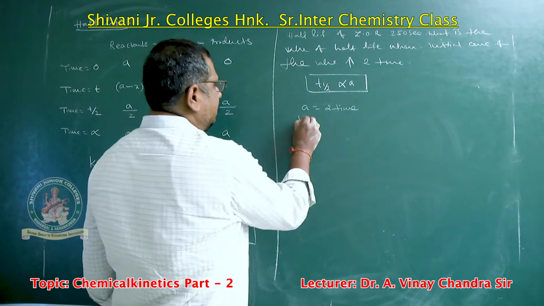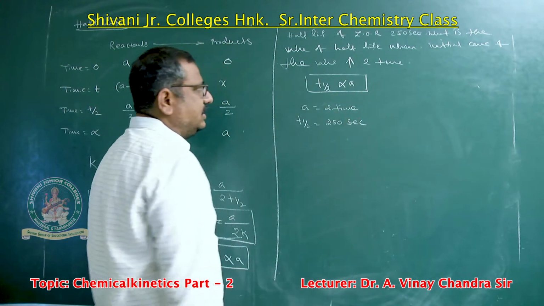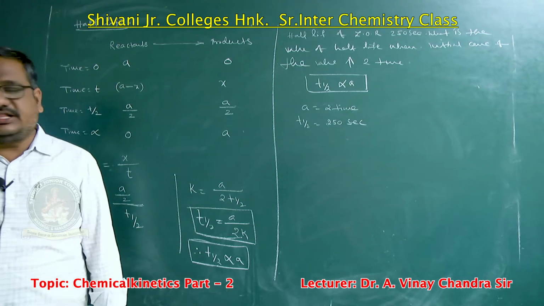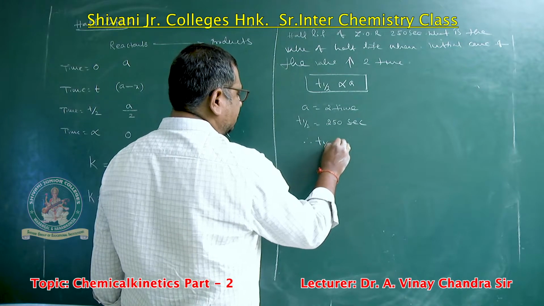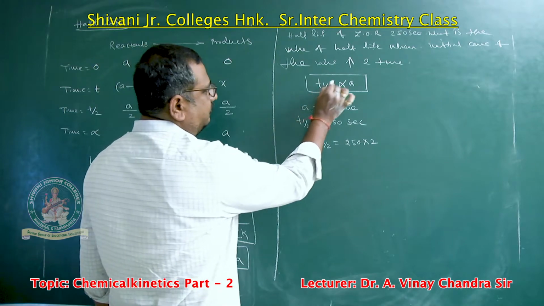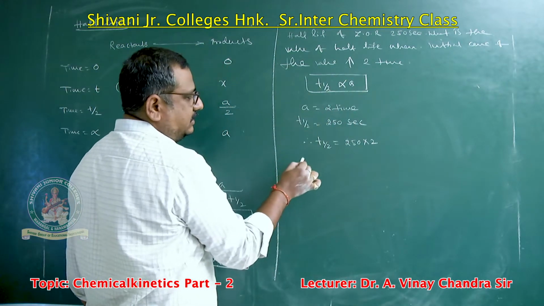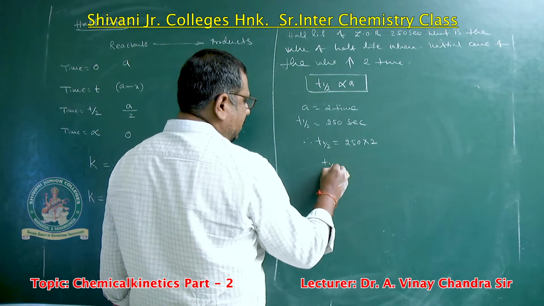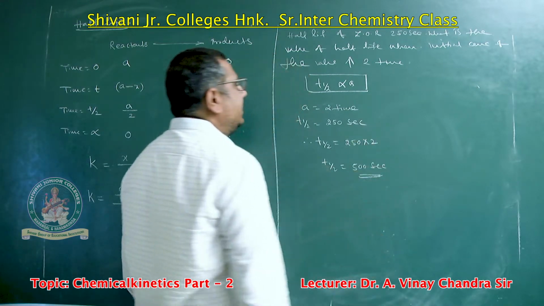T half is 250 seconds, as given in the problem. Therefore, T half is equal to 250 into 2. Why? T half is directly proportional to A, and A increases 2 times, so obviously the time also increases 2 times. 250 into 2, so T half is equal to 500 seconds.